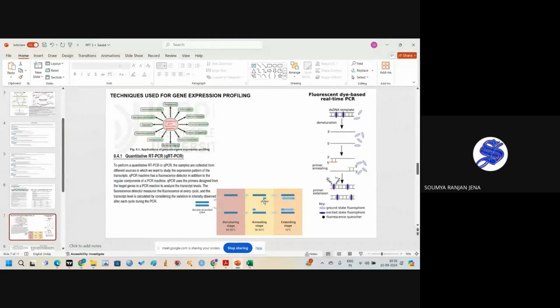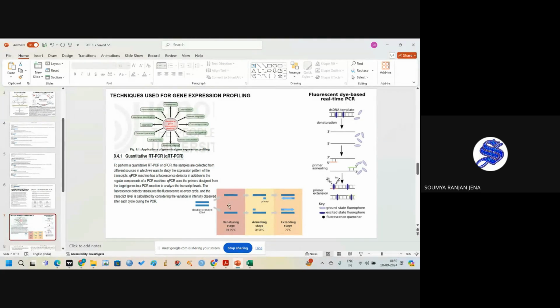Then we add a primer, because the primer and DNA polymerase are required for the annealing or PCR reaction. We add the primer, and then DNA polymerase extends these sequences in the 5 prime to 3 prime direction.